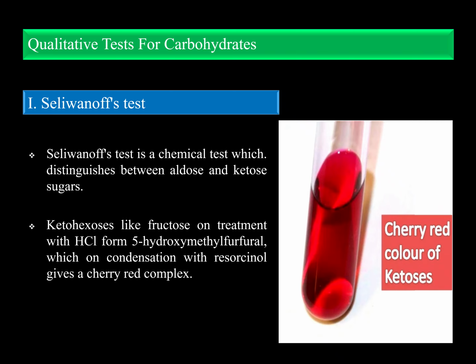This test helps to differentiate between aldose and ketose sugars. In this test, ketoses like fructose form a cherry red complex after reaction. So fructose gives a positive result faster than glucose. This test is useful to identify ketose sugars.